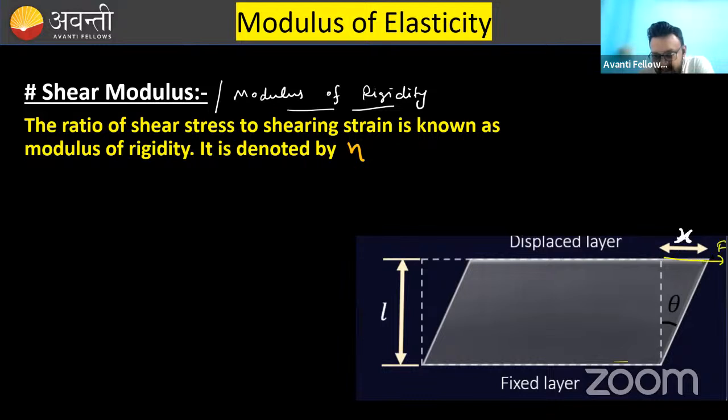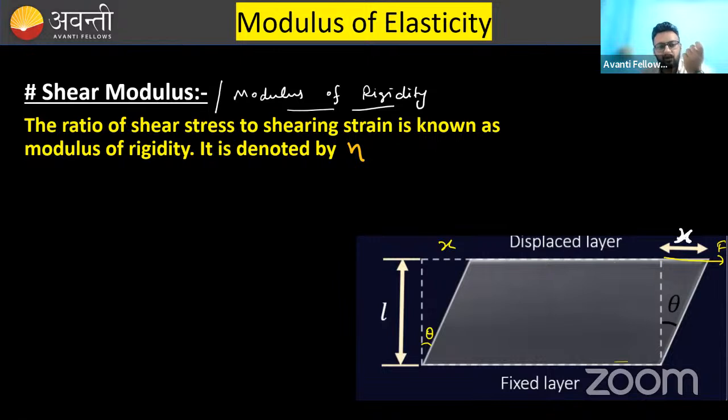This force F is tangential to the top layer, and this top layer displaces by a distance x. This distance displaced is x, and the angle displaced is theta.